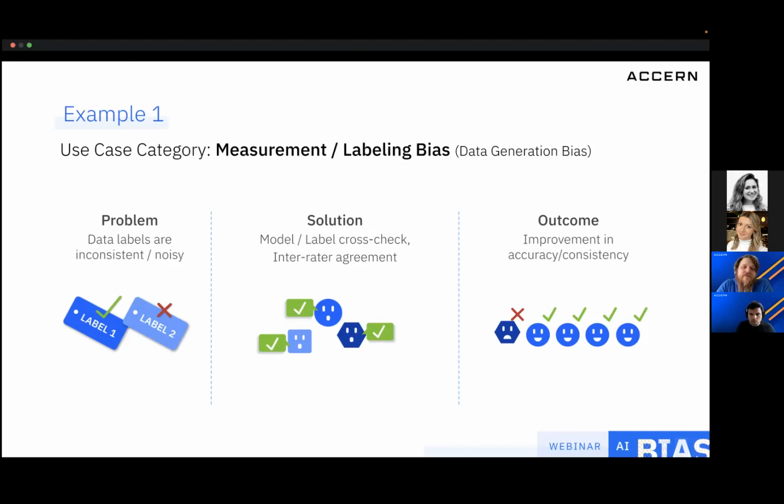And using those techniques, we were able to, first of all, spot instances where the data had low quality, reassess those data sets, and employ inter-rater agreement as well to make sure that everybody agrees.